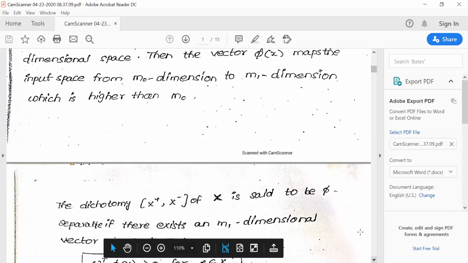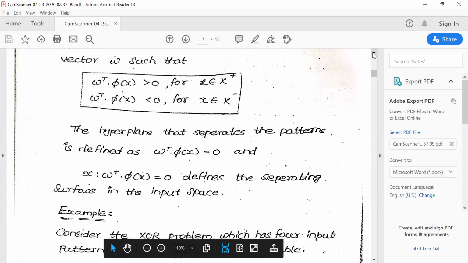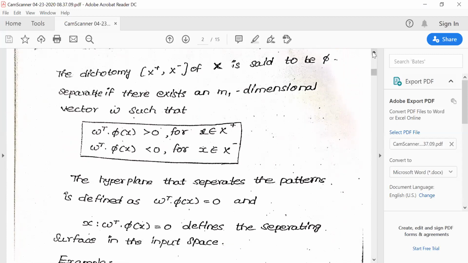Then, okay. So to find a solution for that problem, what we need to do is divide the input patterns into two classes, x plus and x minus, the dichotomy, by using these two formulas. W power t into phi of x is greater than 0 represents the x plus category, and W power t into phi of x less than 0 represents the x minus category.